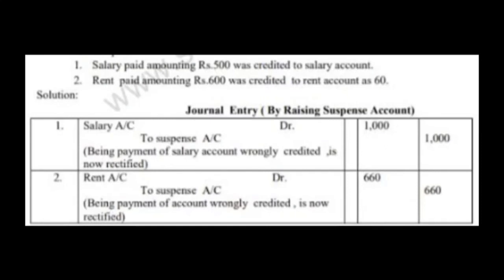Now let us take a look at the expenses which create a double impact on either the debit side or the credit side. In example number 1, we have salaries paid amounting to 500 credited to the salaries account. Now as we know, an expense is recorded on the debit side whenever it is incurred, but here he has credited the expense account. Now all you have to do is to reduce the expense account and to debit the real expense account.